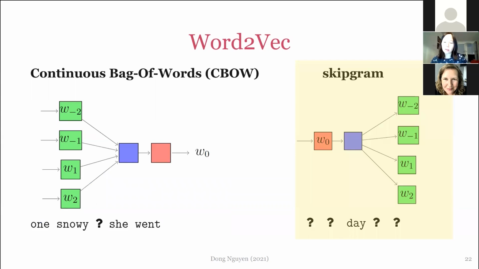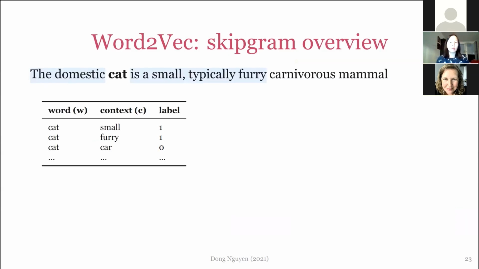I'll just discuss skipgram in slightly more detail because that one is used more, although both of them are quite effective in practice. So let's say that we have this sentence again: the domestic cat is a small, typically furry carnivorous mammal. Then we need to create many examples for the model to learn from.